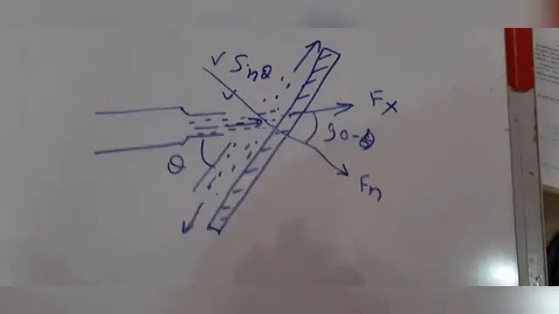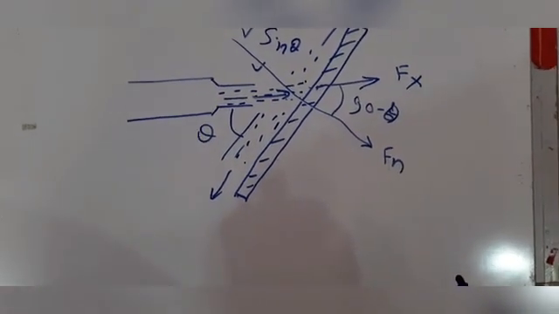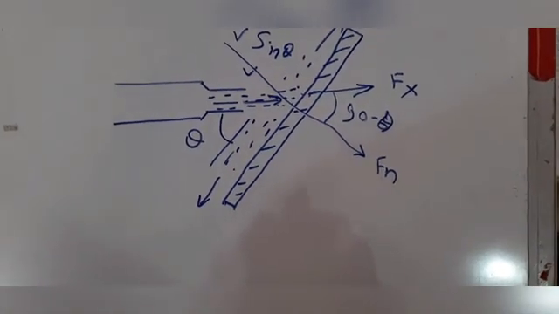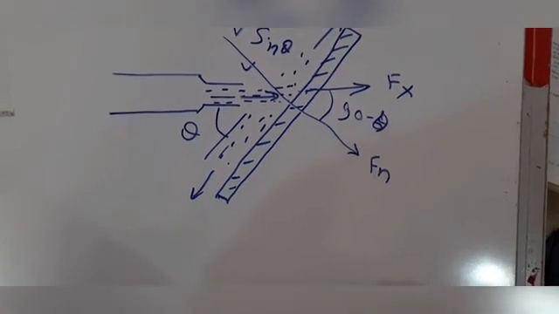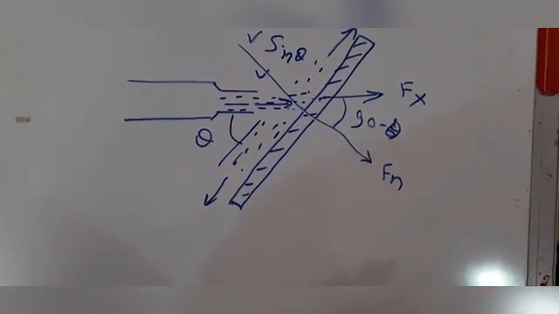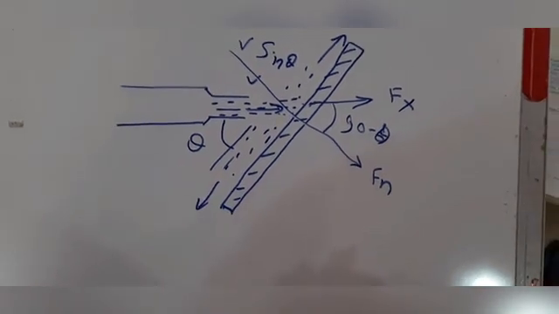Now let us find the force exerted by the jet on the plate in the direction normal to the plate. Let this force be represented by Fn.